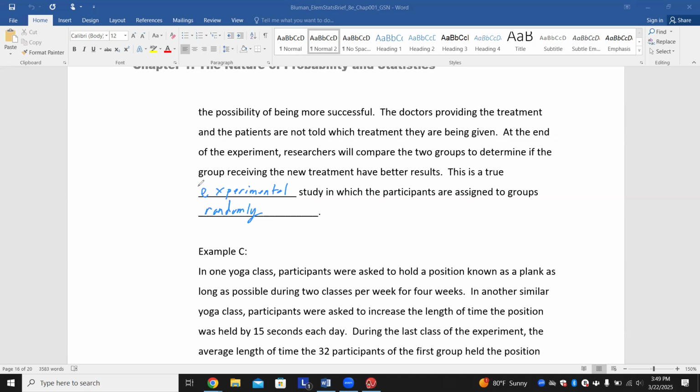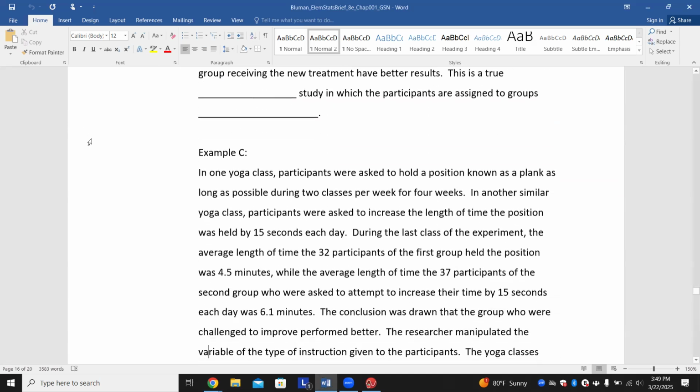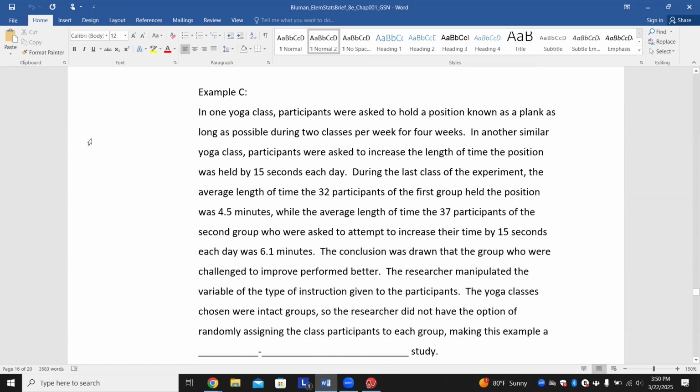Right. So in example C here, it says in one yoga class, participants were asked to hold a position known as a plank as long as possible during two classes per week for 4 weeks. In another similar class, participants were asked to increase the length of time the position was held by 15 seconds each day.